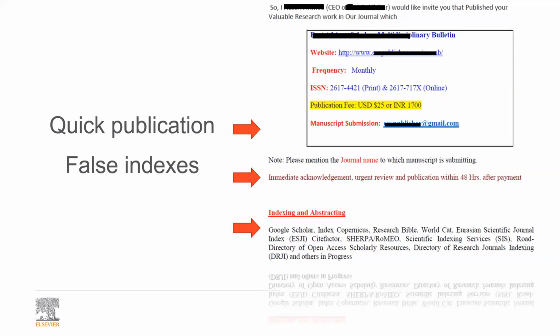So quick publication is promised here, and then also immediate acknowledgement, urgent review and publication within 48 hours after payment. Right, so this is very obvious. There's no way, or it's extremely difficult, to go through a peer review process within 48 hours.